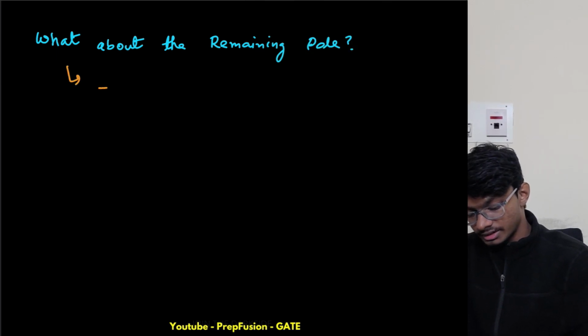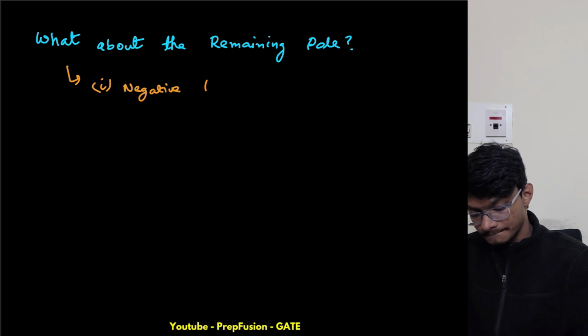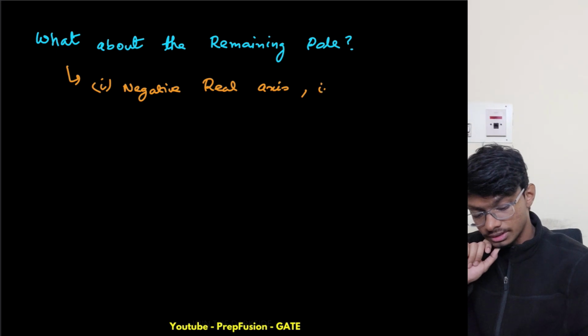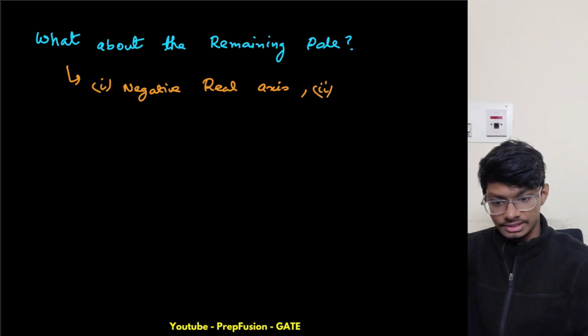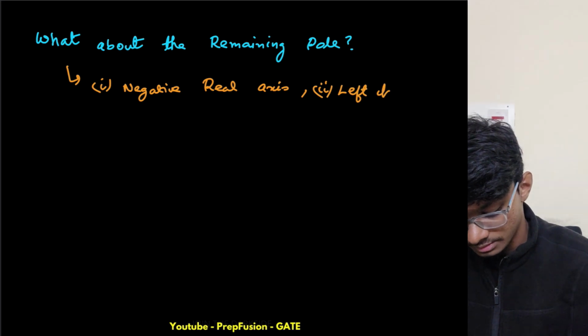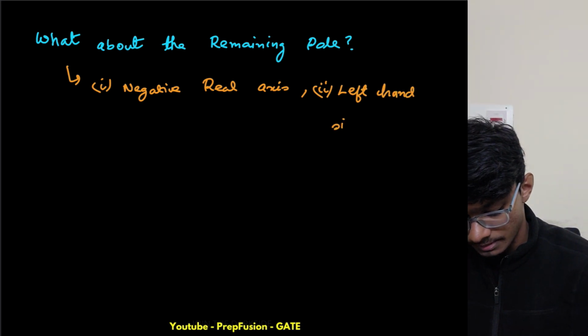Either it is on the negative real axis, or what other thing can happen? Or they can be on the left hand side but in complex conjugate form.